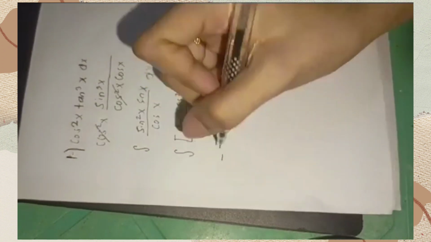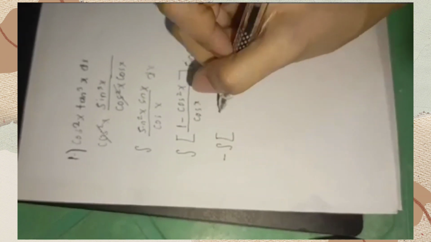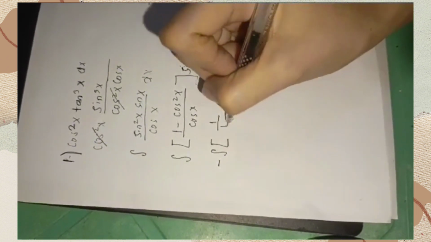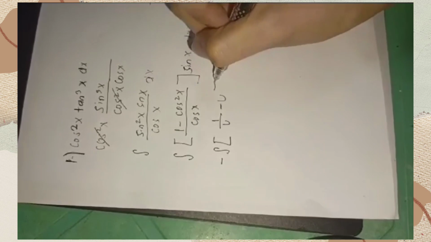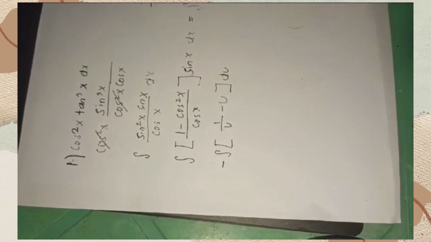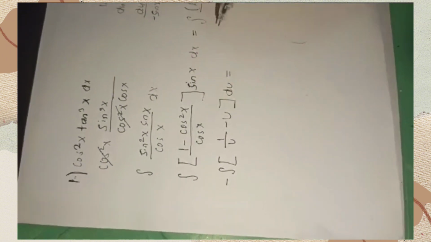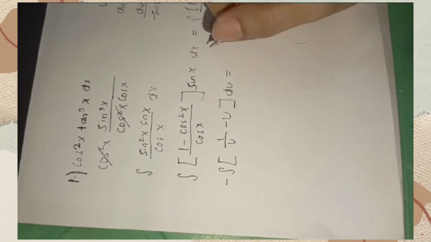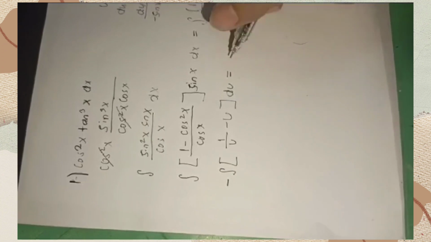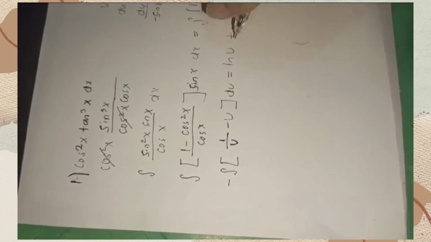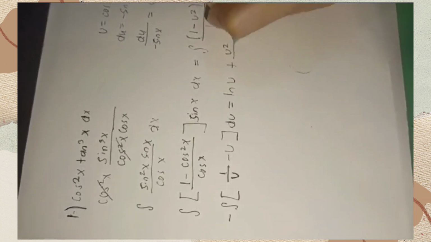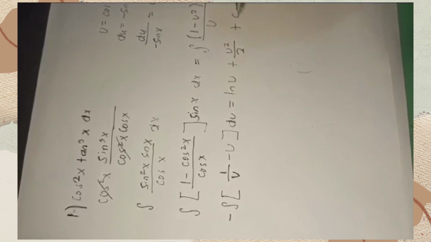Because of the negative sign, we put it in front. So negative integral of 1 over u minus u, du, since that is what remains. As we studied previously, the integral of 1 over u is ln of u, and the integral of u is u squared all over 2, plus c.